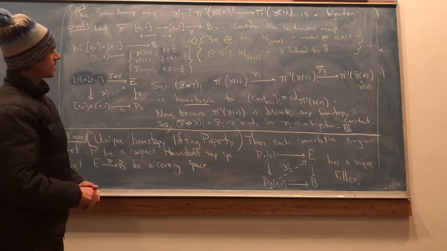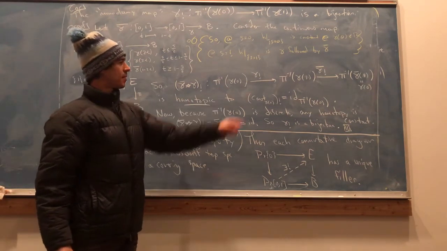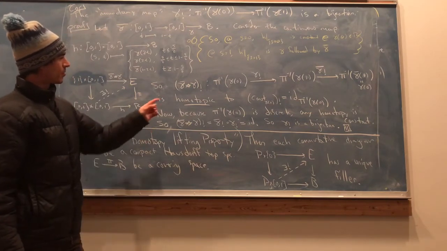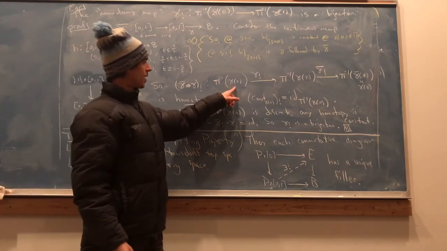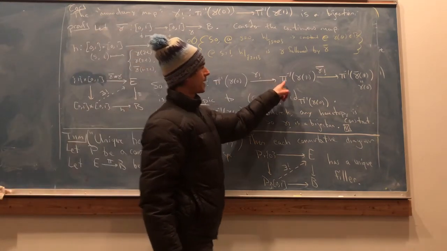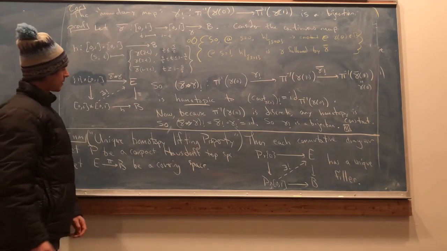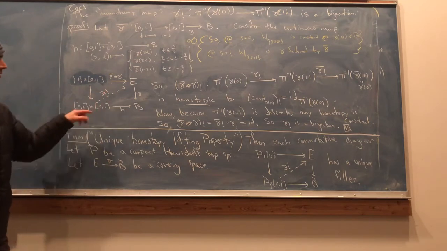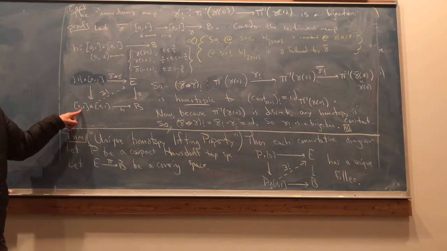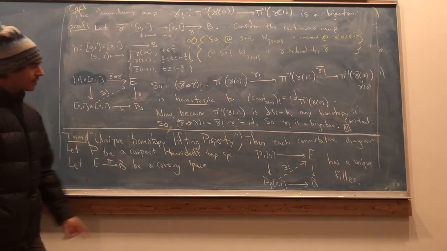So what that gives then is that the composite of monodromy maps, first gamma shriek followed by gamma bar shriek, is homotopic to the unique lift of the constant path. But that's just the constant path.